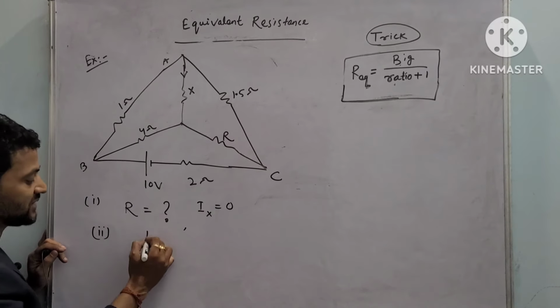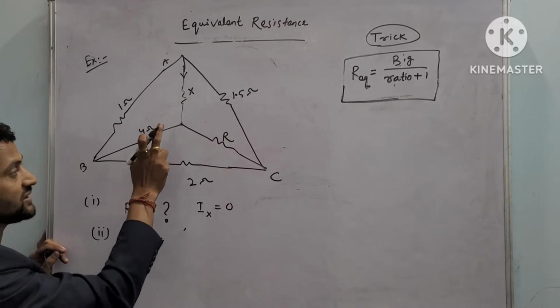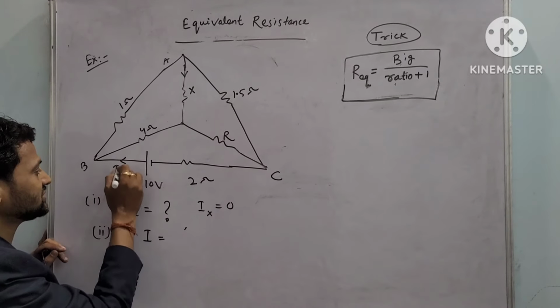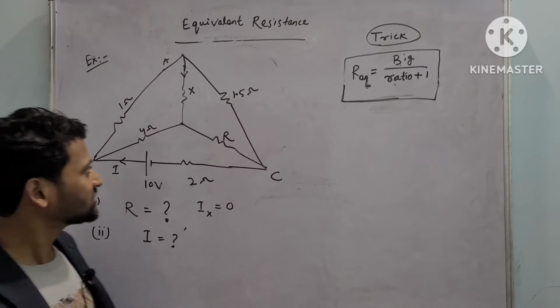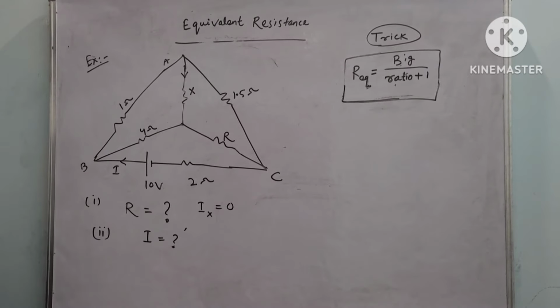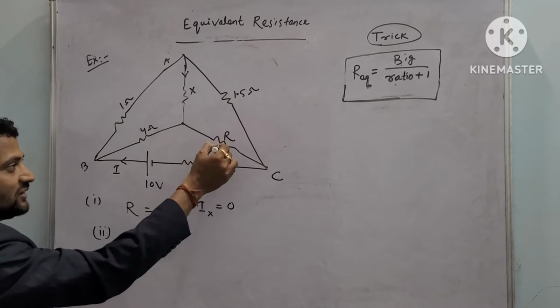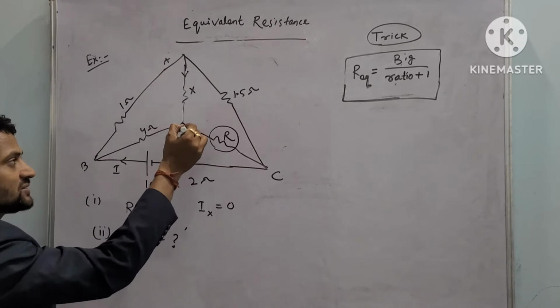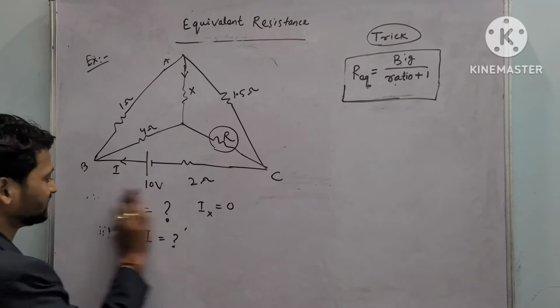And second part, at the same time, in the same condition, we have to find out what is this supply current. It's a very interesting question. Most of this type of question may come in the exam. Again, I repeat, what is the value of the resistance if current through this resistance is 0? Okay, so let us solve.